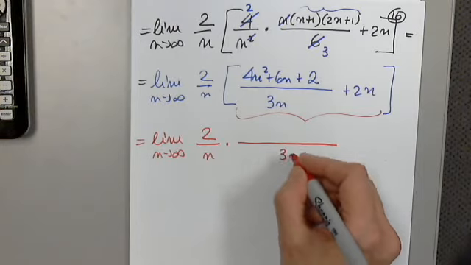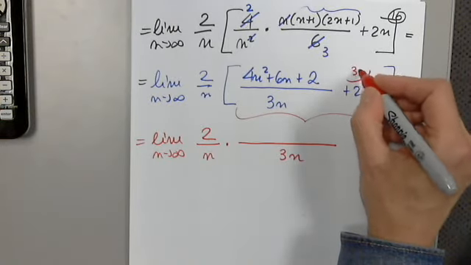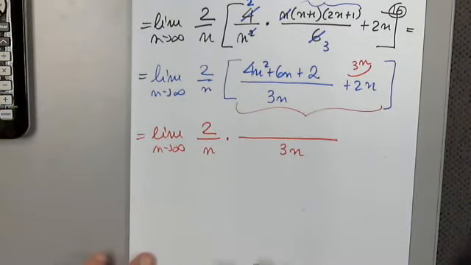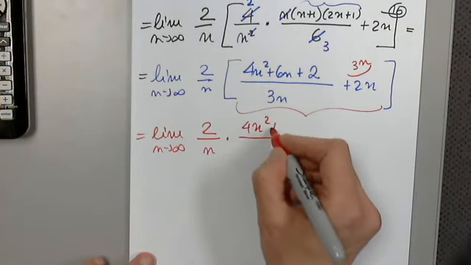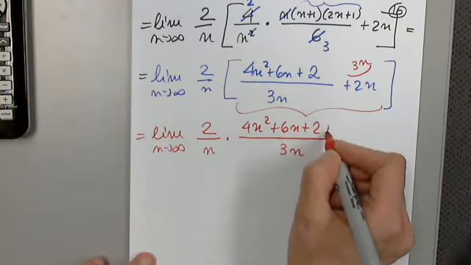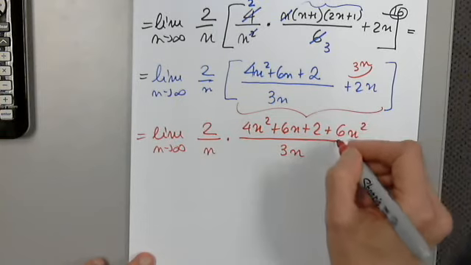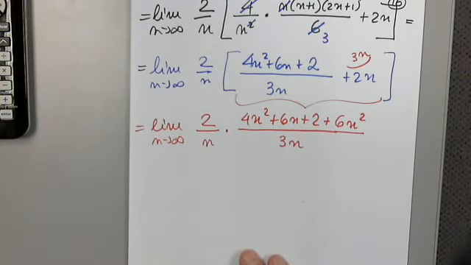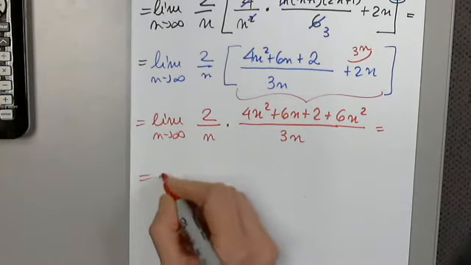There is only 1. So this one needs to be multiplied by 3n. So 4n squared plus 6n plus 2 plus 6n squared. Is this okay? Yes? Okay. So towards the final step.